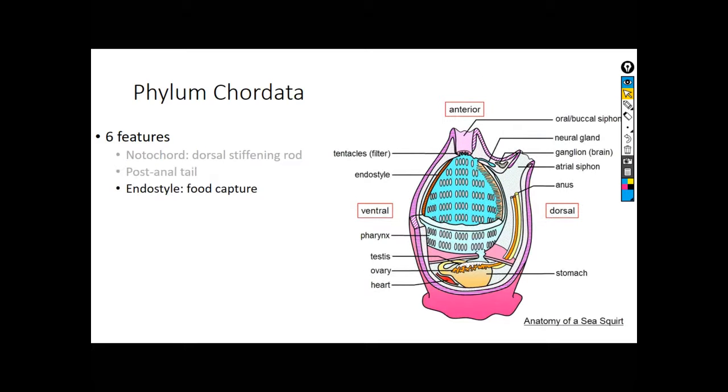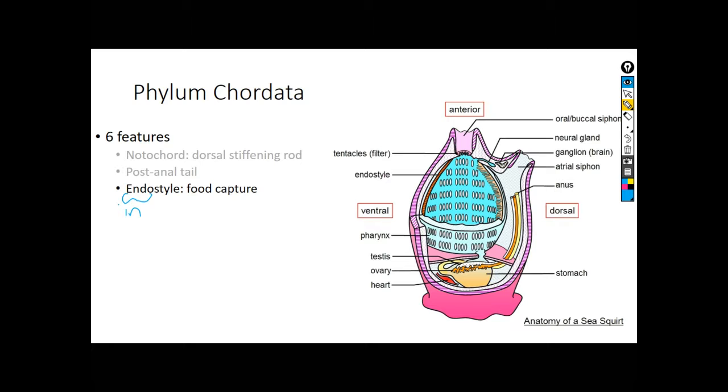Okay. So feature 3, you need to be a non-invertebrate, right, a chordate. So we have what's called an endostyle, right? Endostyle just meaning inside. Okay.